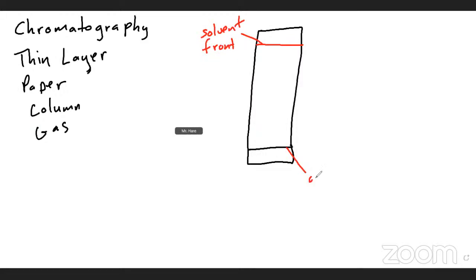This is the origin, and this is where you would place your sample of dye. Your solvent would travel up the paper and separate it. This is from a past paper. I'm going to put the measurements now.